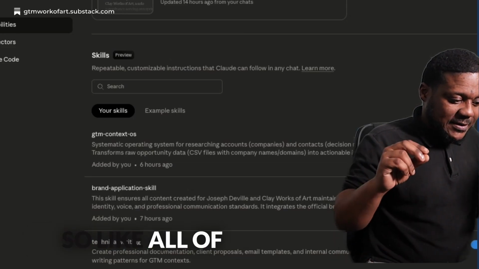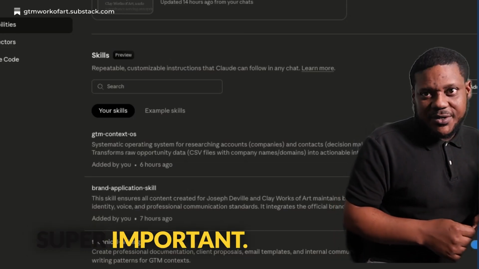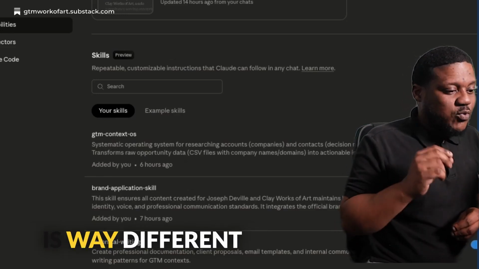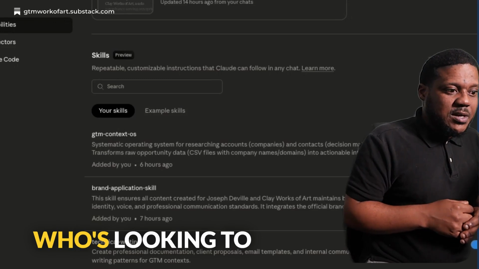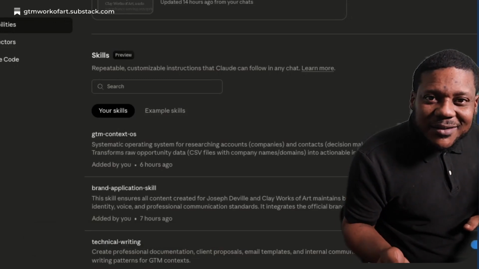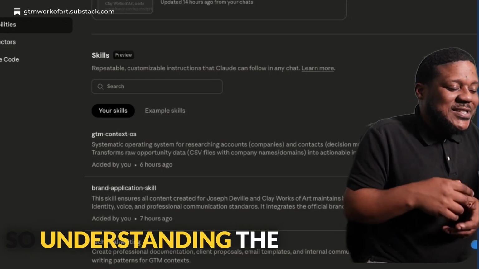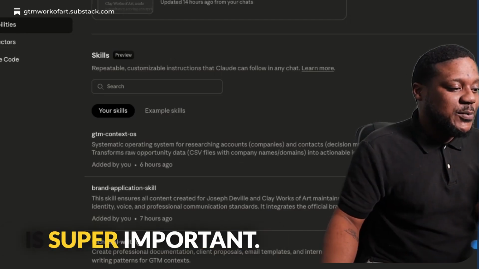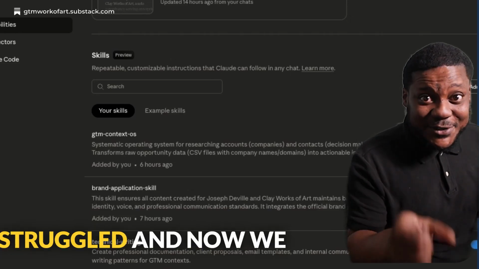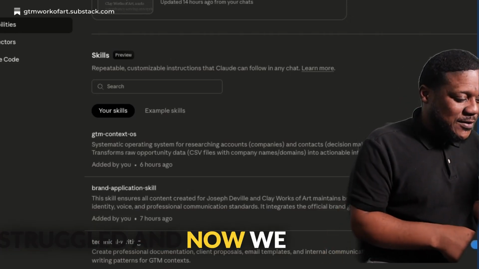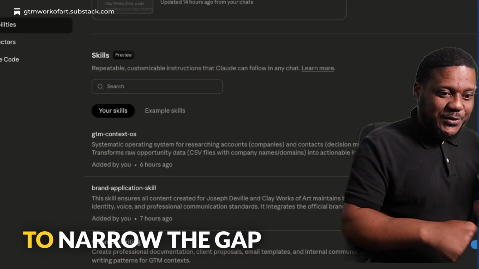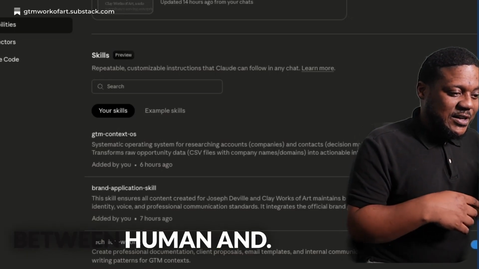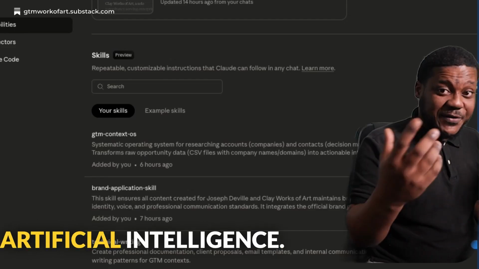All of these things are super important. A leak in a GTM funnel is way different than somebody who's looking to clean up HubSpot. So understanding the context and what people are saying is super important, where AI initially struggled. And now we are setting up things to narrow the gap between human and artificial intelligence.